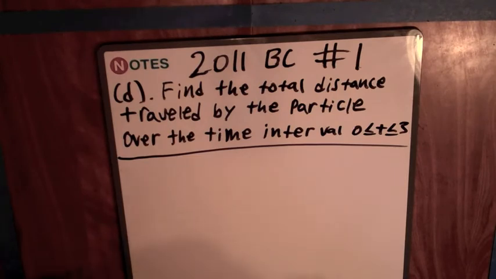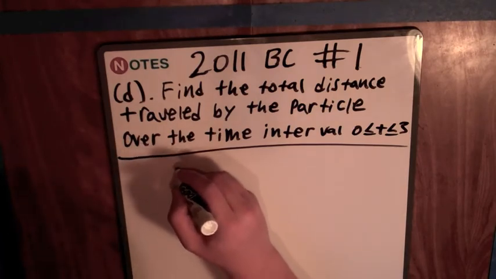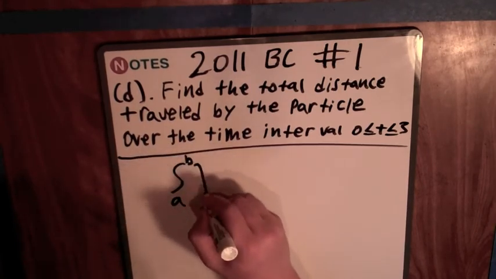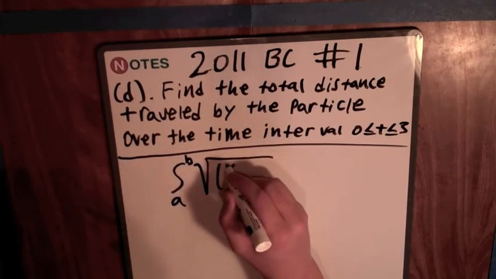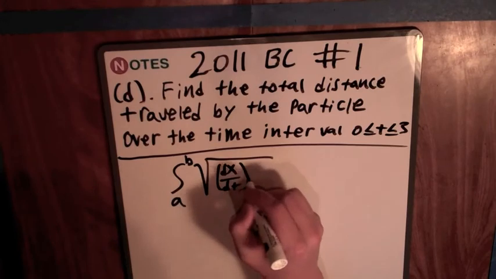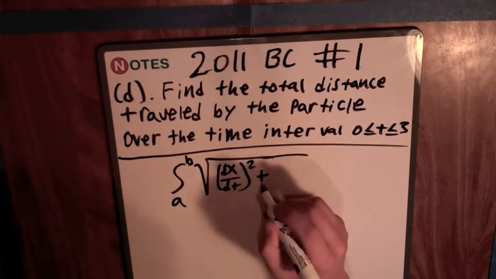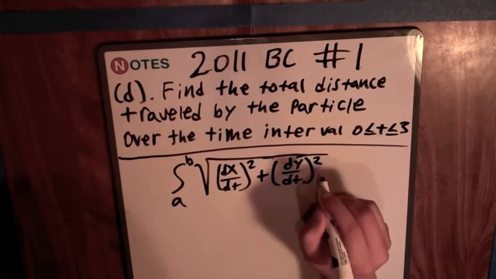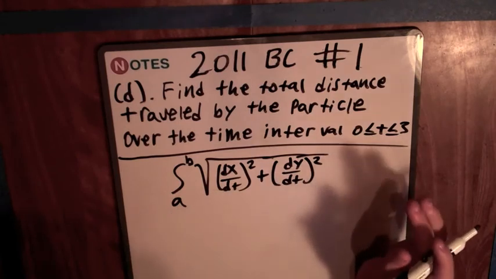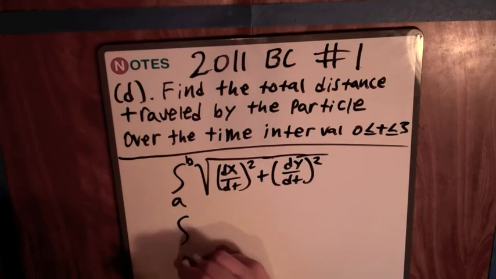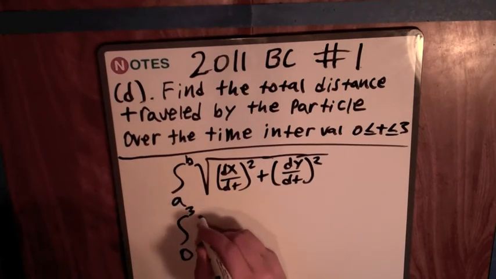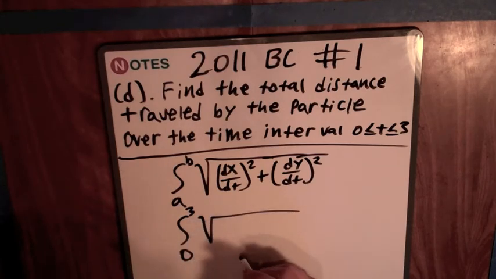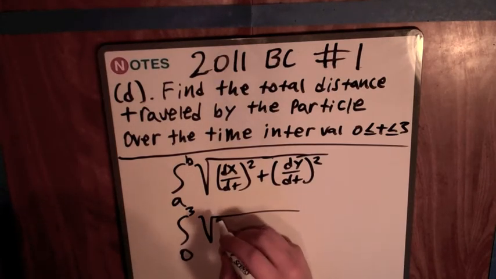So, using our distance equation of the integral from a to b of the square root of dx dt squared plus dy dt squared. That's all that it is. So plug in our numbers, we're going from 0 to 3, and go ahead and plug in your function.